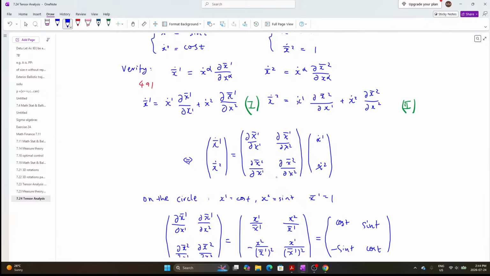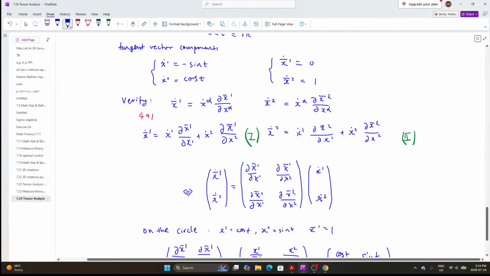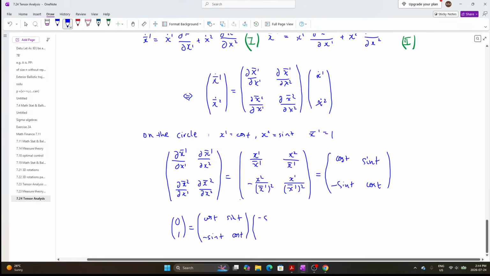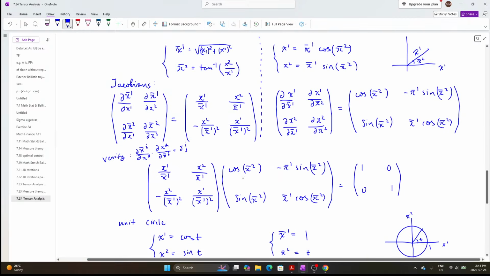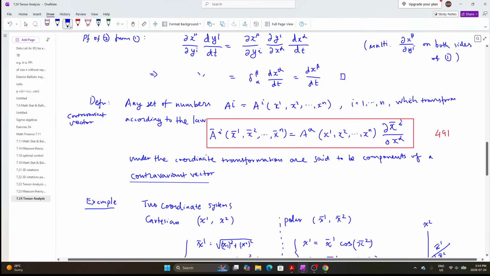Well, x1 dot is minus sine, x2 dot is cosine. So now it should work. Indeed, 0 and 1. Hooray! It works. The contravariance law works for the tangent vector of the unit circle. This is our first step towards tensors, because tensors will have more than one index in general.